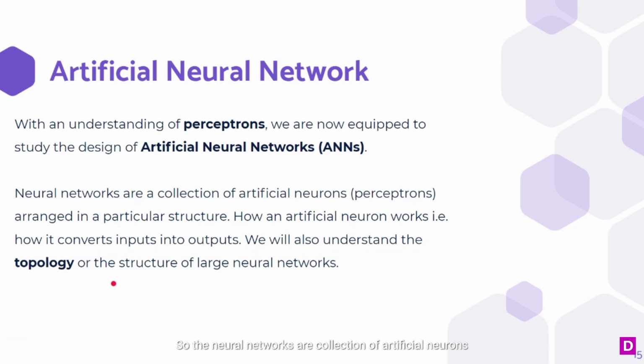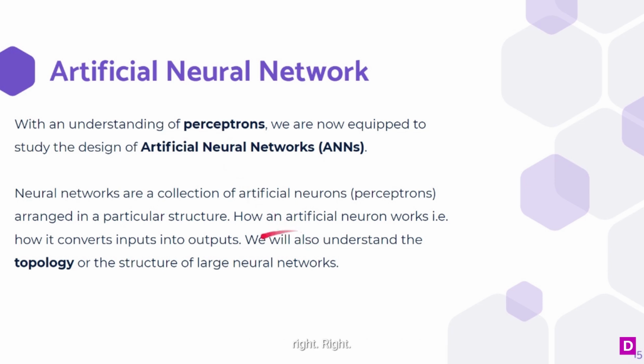So neural networks are collections of artificial neurons arranged in a particular structure. This is very important. A neural network is not just a random structure. The neurons are arranged in a particular fashion in order to get the task done.